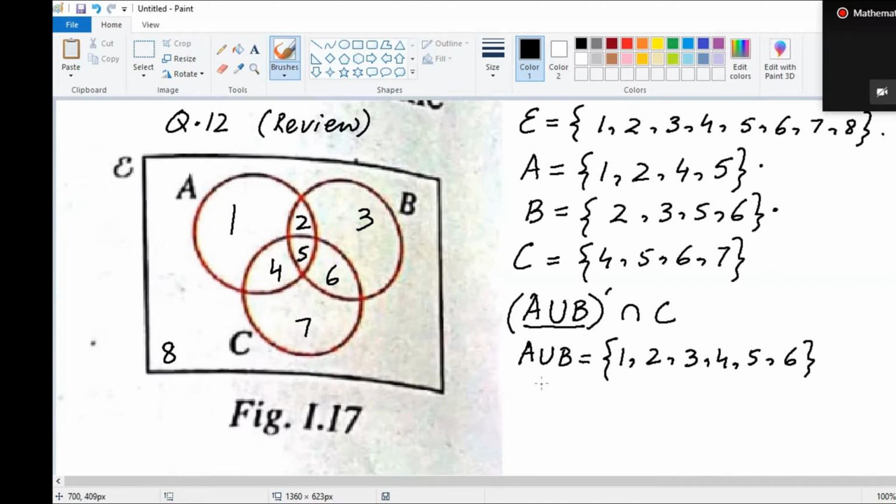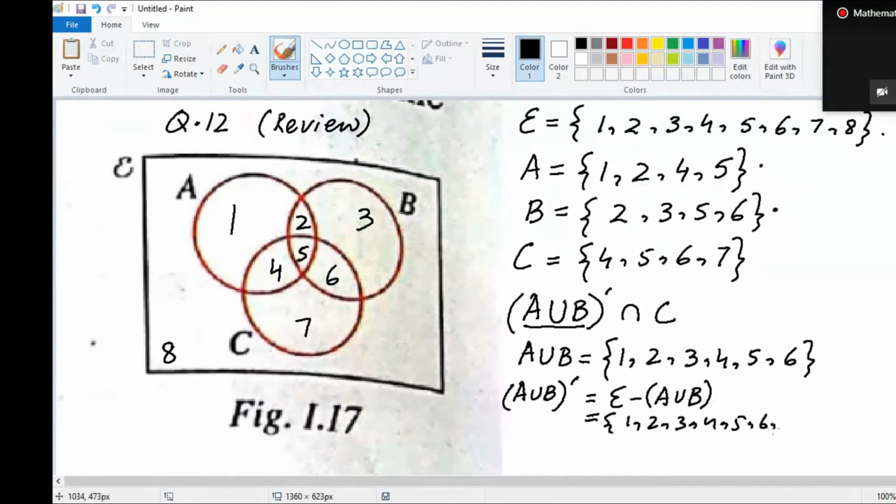Now the next step is I'll find out A union B whole complement. The meaning of A union B whole complement is universal minus A union B. So I'm going to write the set of universal over here. The universal set is 1, 2, 3, 4, 5, 6, 7, 8.